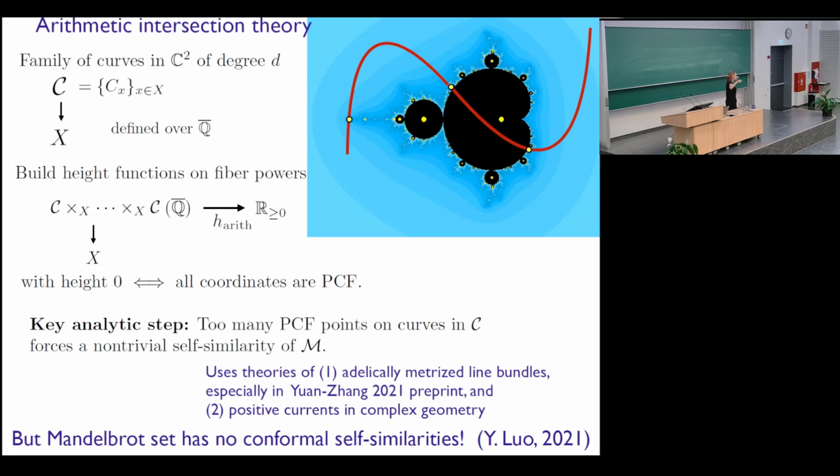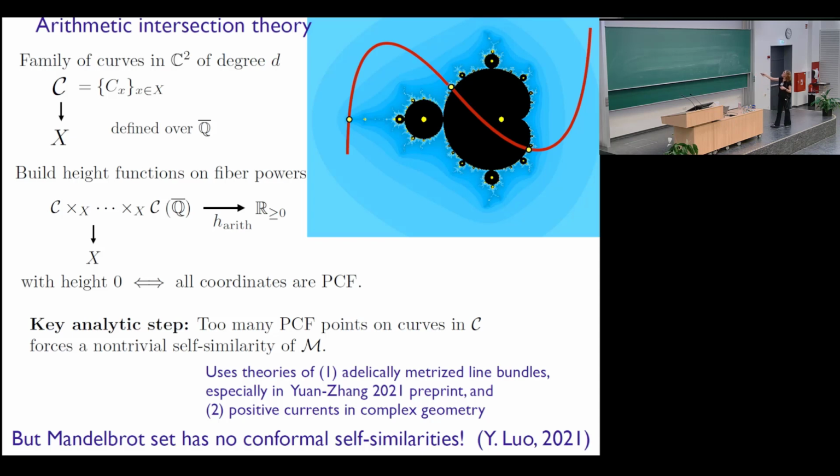At the end of the day, we reduce the entire thing via arithmetic geometry and this arithmetic intersection theory. So we're proving that some line bundle has a top self-intersection number positive. We need to prove a positivity.